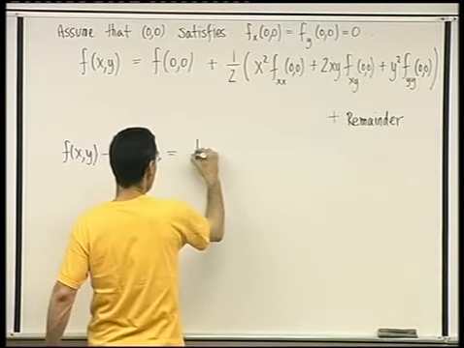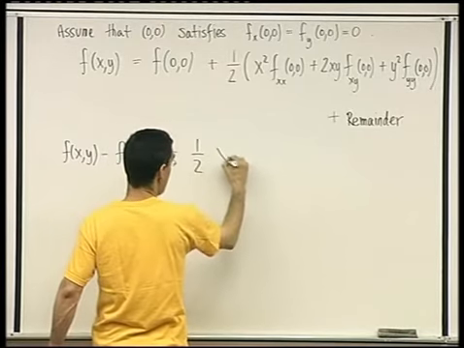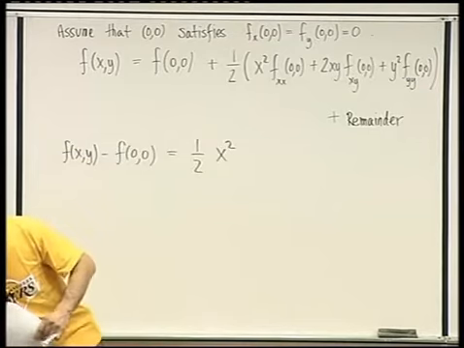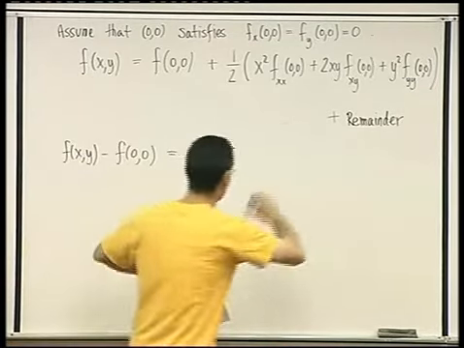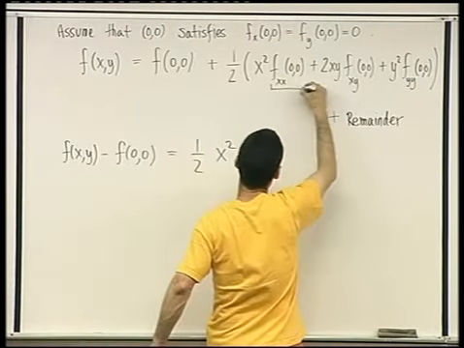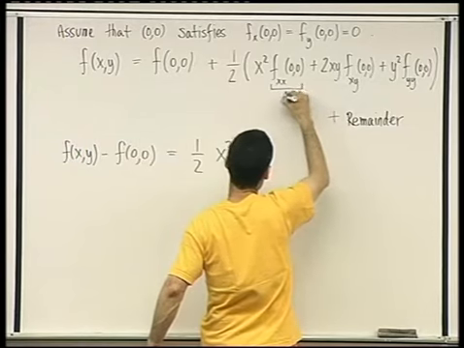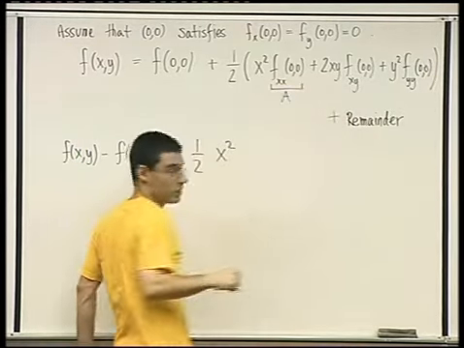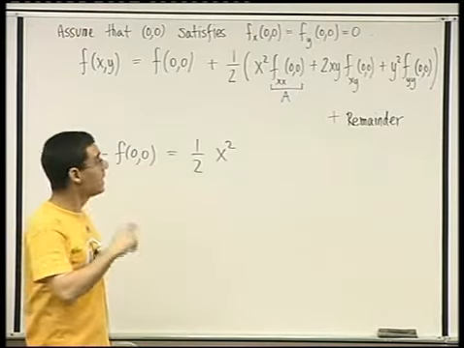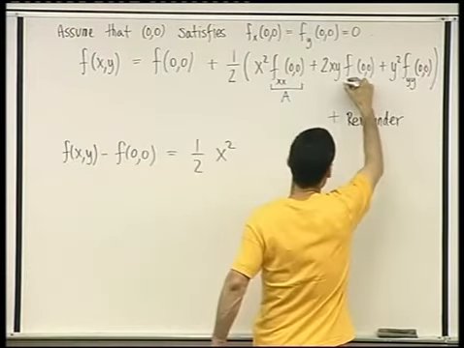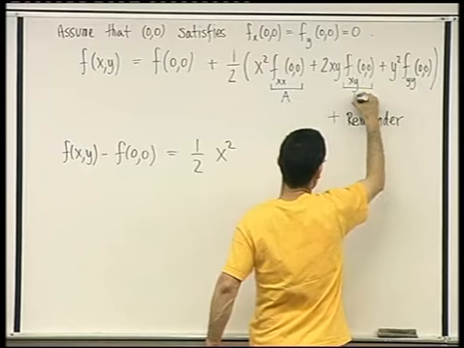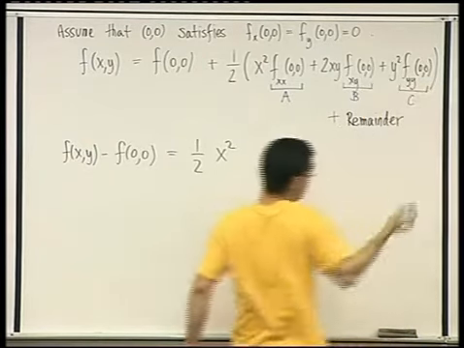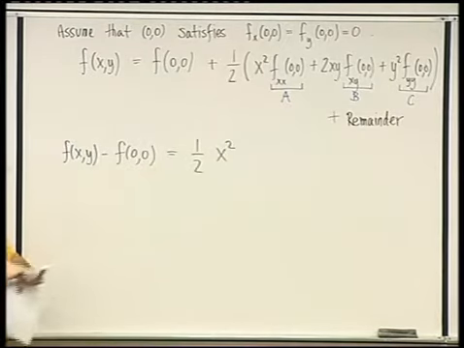I'm going to call, just to make our discussion less blurry, temporary names. I'm going to call this a, the second derivative twice with respect to x at the point (0,0). I'm going to call the mixed partial b, and I'm going to call this one c. These are just temporary names.